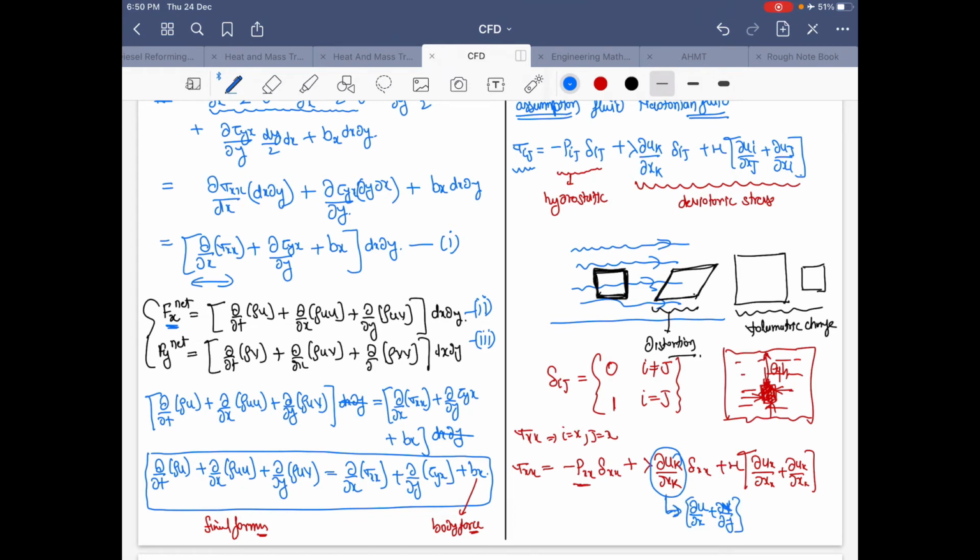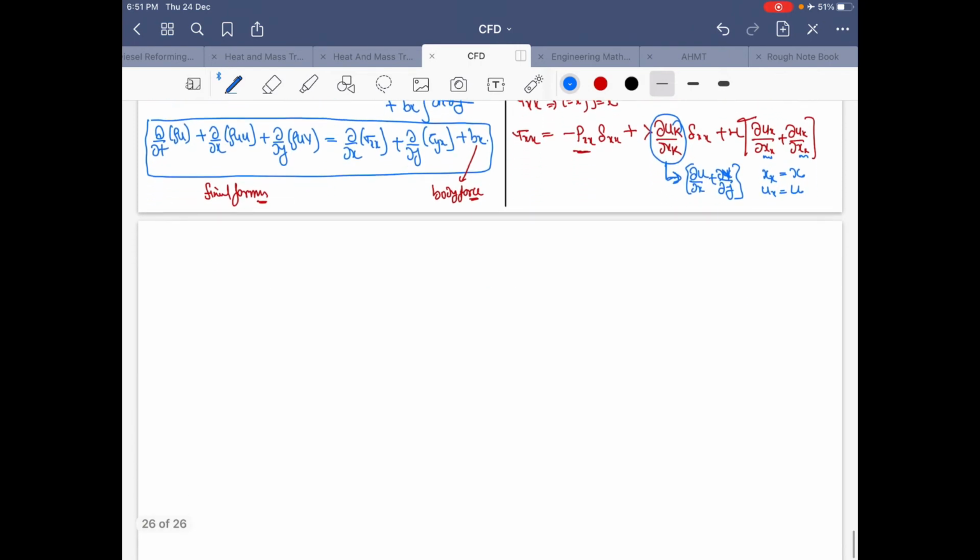This single term can represent this, and this is my x direction. Basically sigma xx is in x, and u_x is equal to u. So I can rewrite my equation.